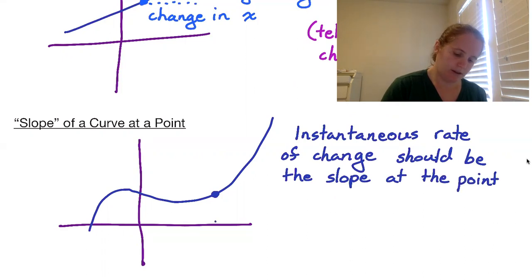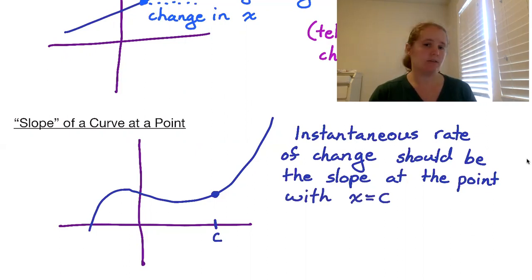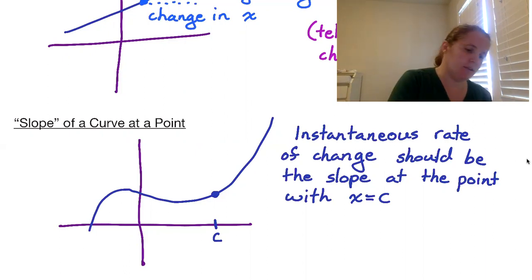So let's go ahead and say that this is at C. So we're trying to find the slope at x equals C. We're going to do something similar to what we did for instantaneous velocity, right? What we can do is start by looking at secant lines that connect 2 points on the graph, and then slowly let those points get closer and closer together.